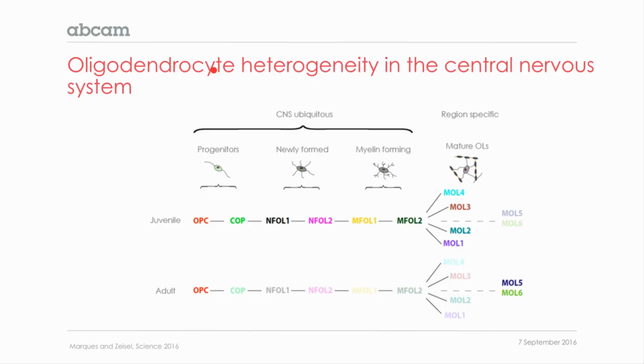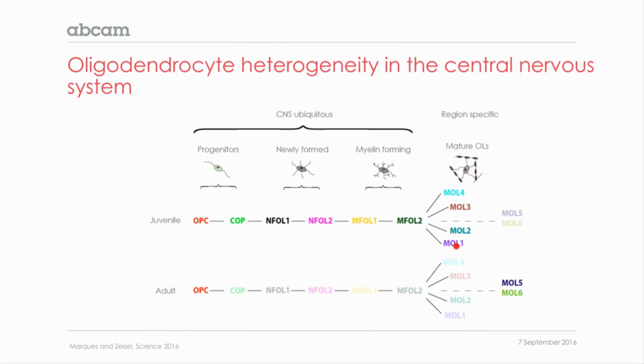From this data set, the conclusions that we took are, firstly, that the first populations found in the initial steps of differentiation are ubiquitous in the CNS: the oligodendrocyte precursor cell, the committed precursor, the newly formed oligodendrocytes 1 and 2, and then the myelin-forming 1 and 2. But then we see a region specificity when it comes to the mature oligodendrocyte populations, with some of these cell states being present in some regions more than in others.